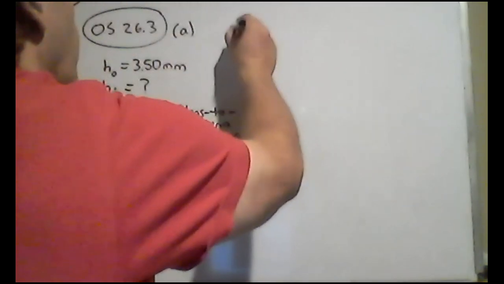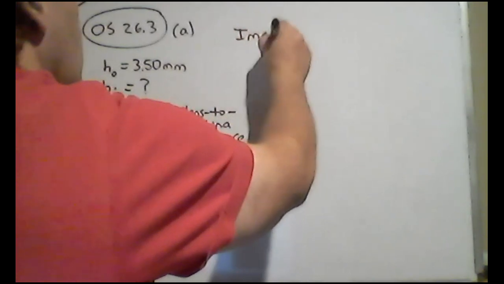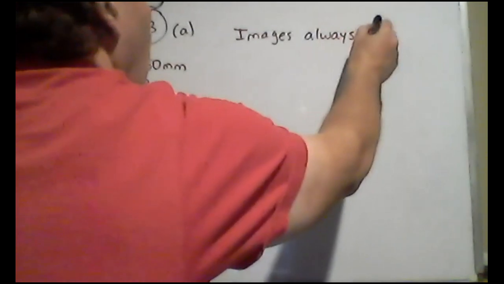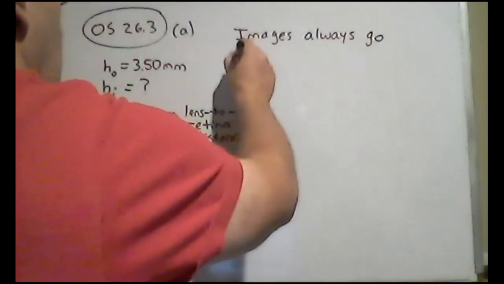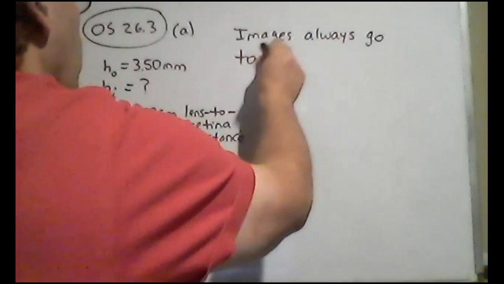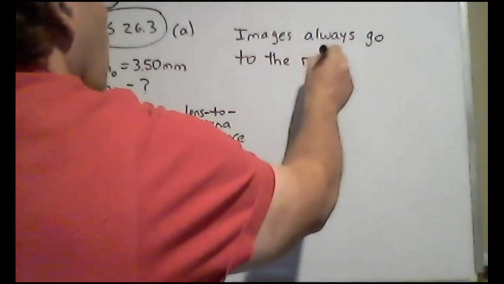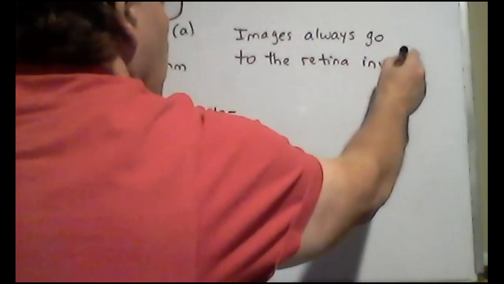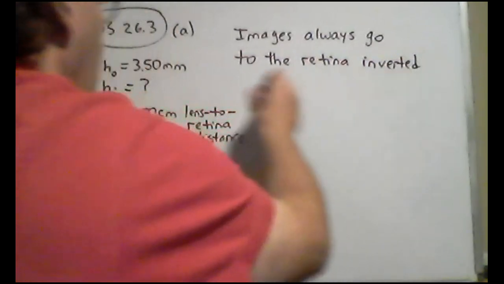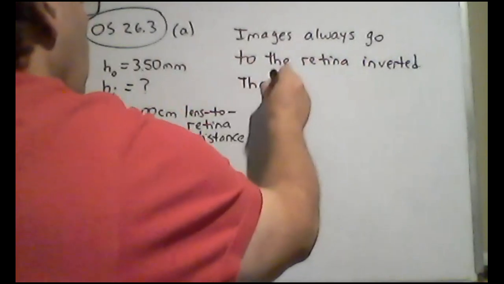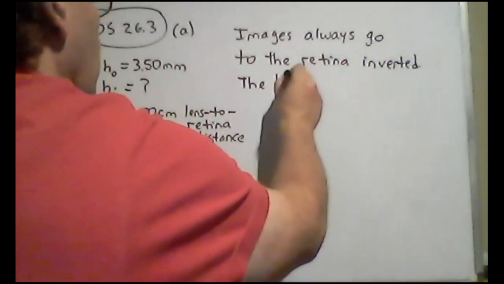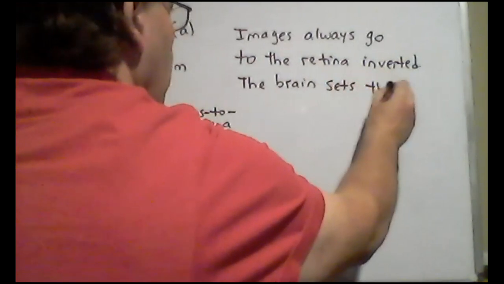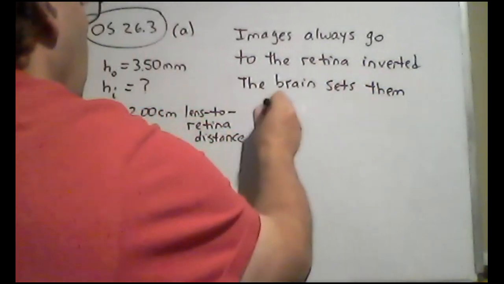Images always go to the retina inverted. The brain sets them right side up.